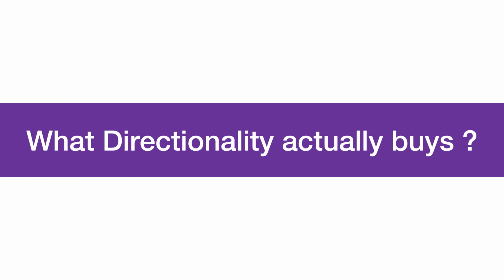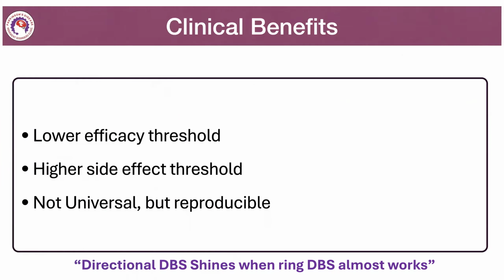Once you understand the science behind directionality, what you actually buy, why should I do it? It is going to give you an effect where there is a lower efficacy threshold, meaning therapeutic windows are smaller. You need to use whatever the smallest threshold is available for the best effect. This is where it will be utilized.